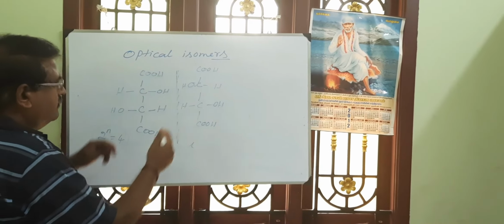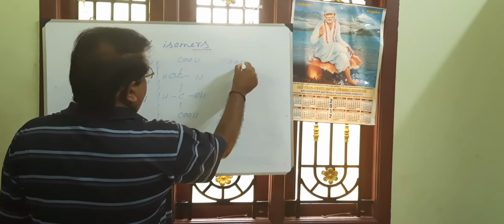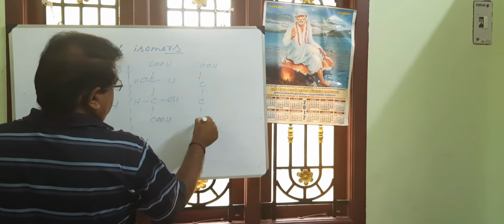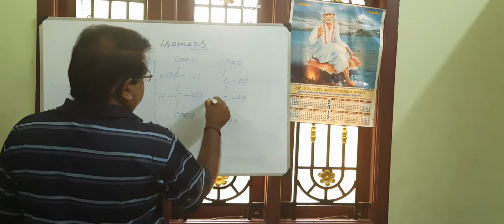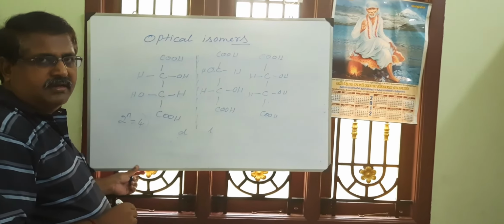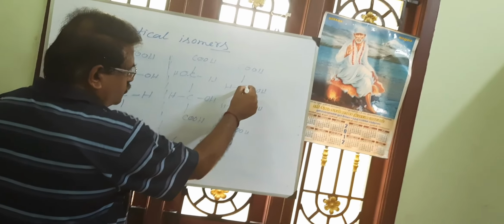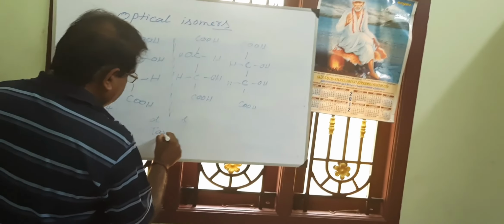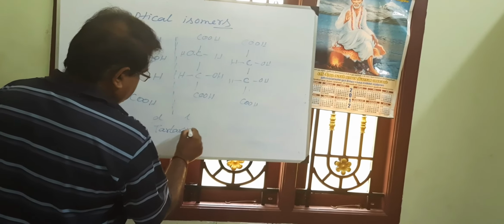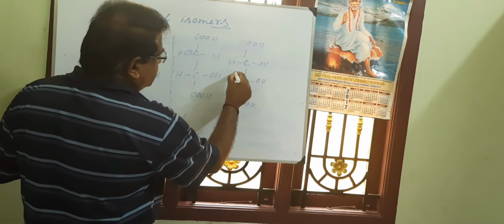Now look at another optical isomer of this compound, COOH, C, COOH, OH, OH, H and H. Something interesting? See here we have 2 chiral carbon atoms, of course, but this form of the tartaric acid has a plane of symmetry.